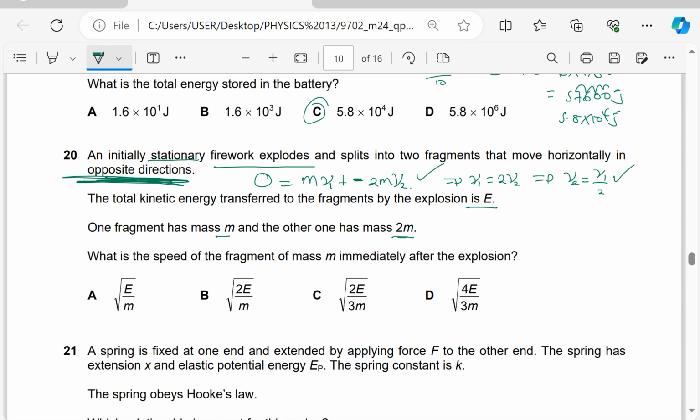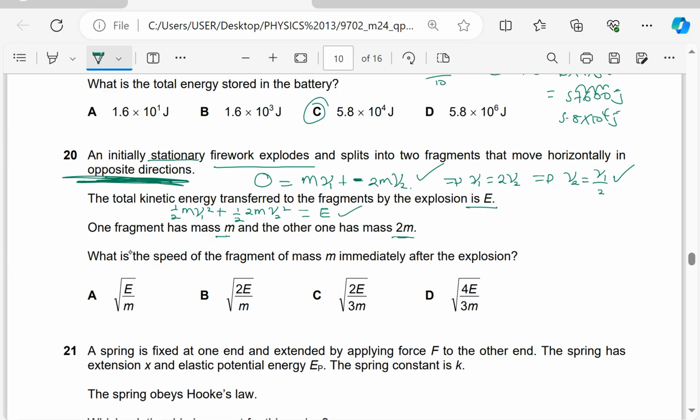Consider that first. Total kinetic energy transferred to the fragments by the explosion is E. How do we find total kinetic energy? For m it will be a half m v1 squared, plus for 2m it will be a half 2m v2 squared. This should be equal to E. I'm going to substitute for v2 in this equation.